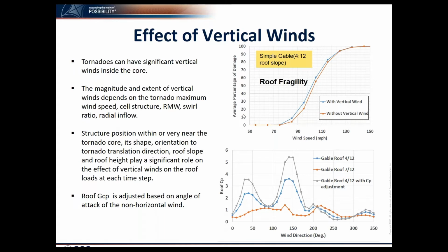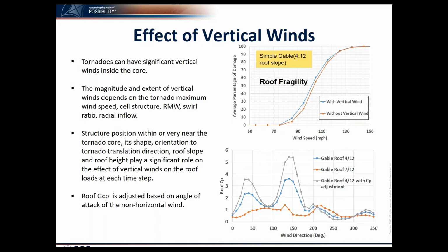Now the vertical wind effect is dependent on many things, such as the maximum tornado wind speed, what is the RMW, what is the swirl ratio, and where the structure position is within the core, and its orientation, its roof height, roof shape, lots of different things. But given the fact that winds are non-horizontal, we adjusted the roof pressure coefficients, taking into account that change of angle of attack.